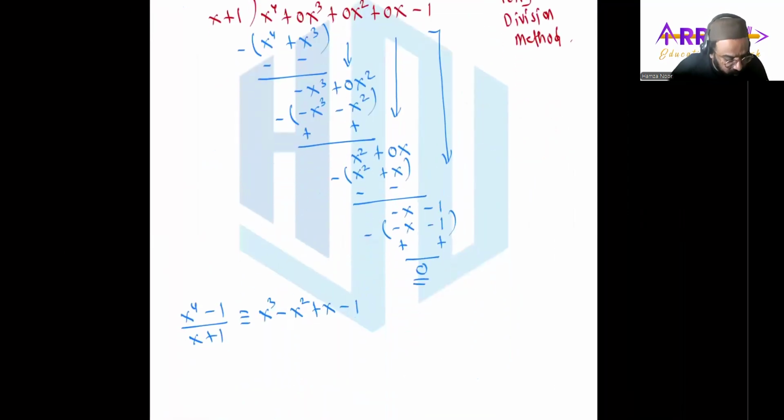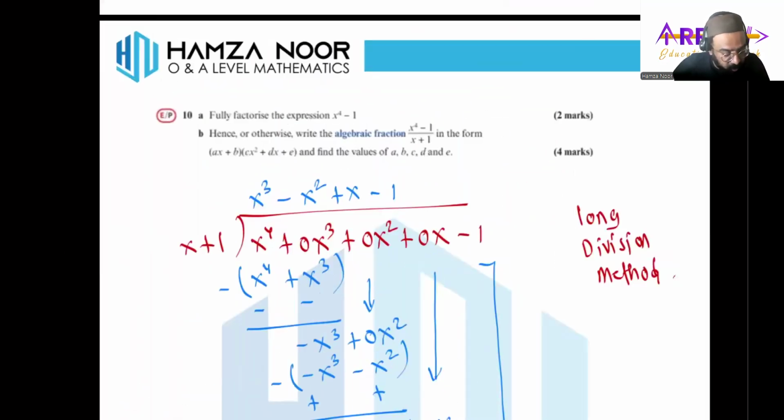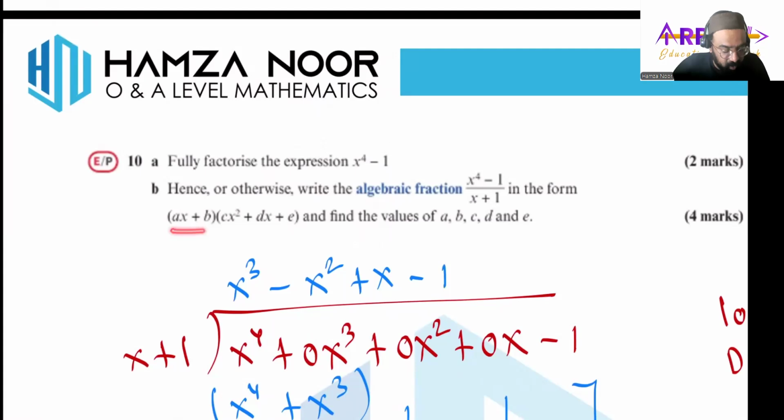Now what we need to do is express this cubic polynomial as a product of a linear and a quadratic polynomial. Our answer will be completed once this cubic quotient is expressed as a product of linear and quadratic. This makes sense or not?